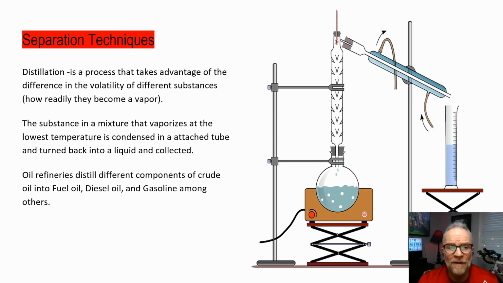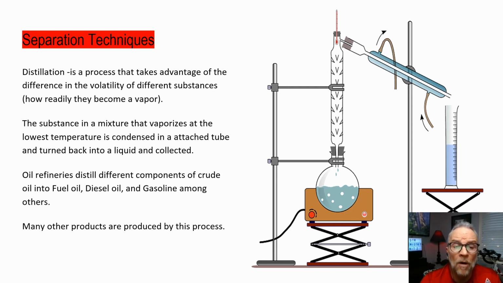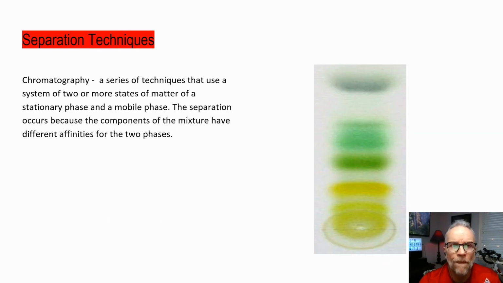Oil refineries, like I said, do this as well to distill off the fuel oil, the diesel, and the gasoline, among other types of things. Kerosene is another one that they take off. Okay, many other products are made using this process.